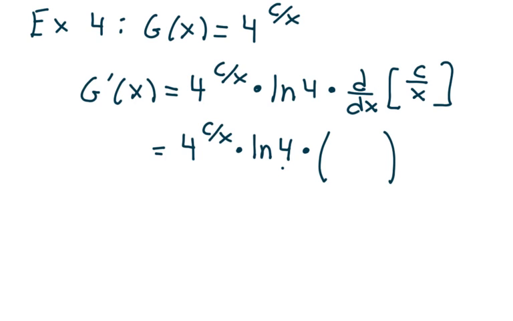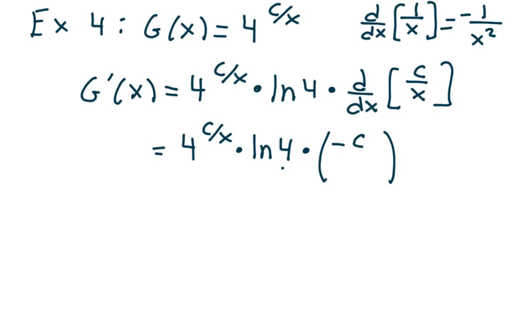and the derivative, remember that c is constant, and the derivative, let me make a note up here. The derivative of 1 over x is negative 1 over x squared. And so the c is just going to come along for the ride. So the derivative of c over x is negative c over x squared. So I'm just going to move that negative c over x squared out in front.